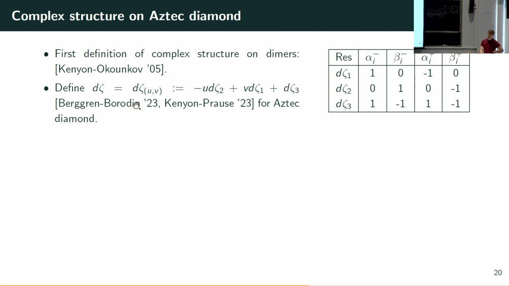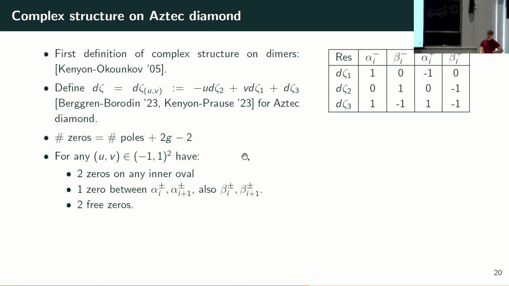So you have a family of these. For each point uv, and uv here is going to live on the dimer domain. This is the point on the dimer domain. So now, okay, we can count the number of zeros, which is just this.